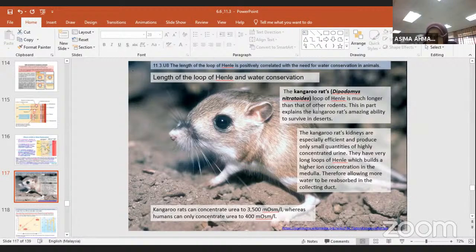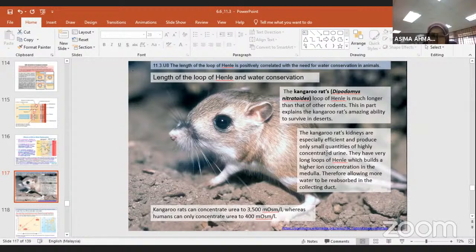All right. So water is scarce, then they need to conserve more water, and their adaptation is by having a longer loop of Henle so that more water can be reabsorbed. The kangaroo rat's kidneys are especially efficient and produce only small quantities of highly concentrated urine.